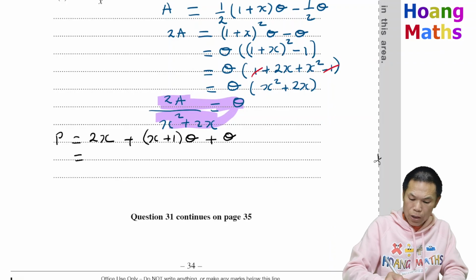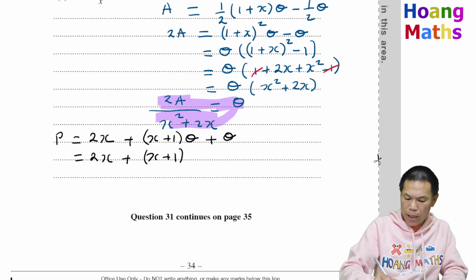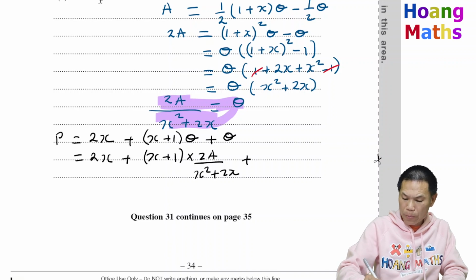So that is 2x, we add (x plus 1), and then we multiply by theta. So theta is 2A over (x squared plus 2x). We add theta, so 2A over (x squared plus 2x).